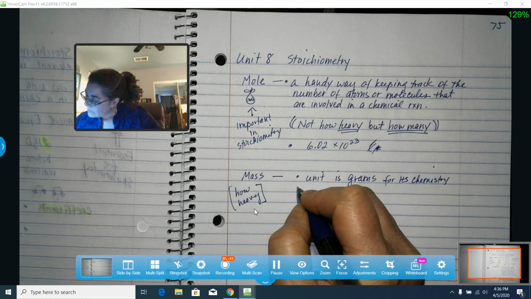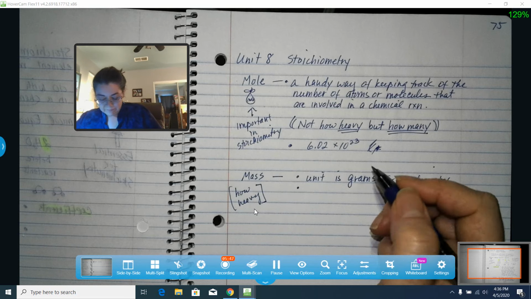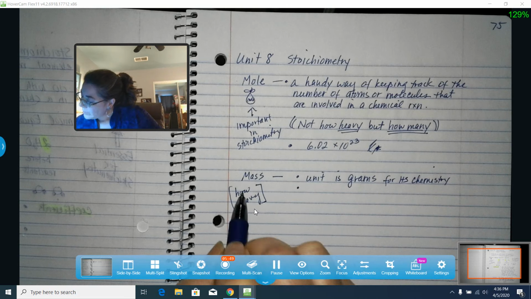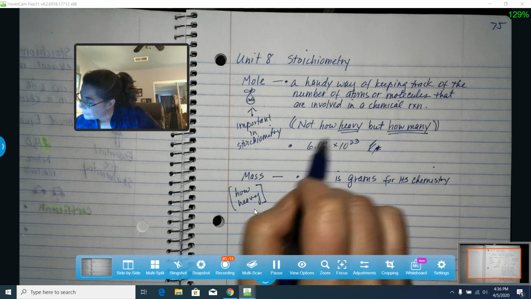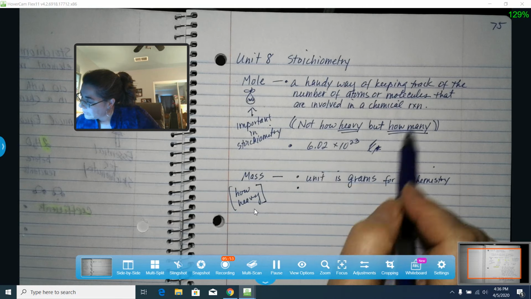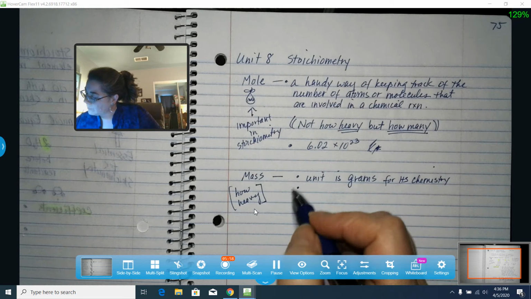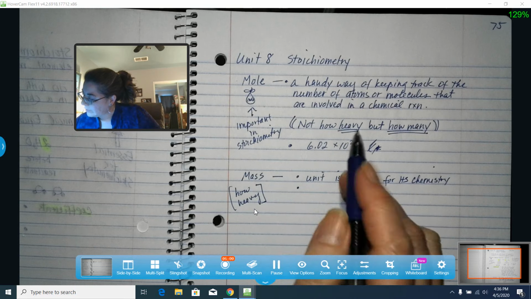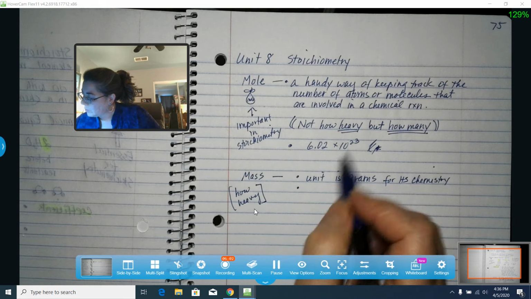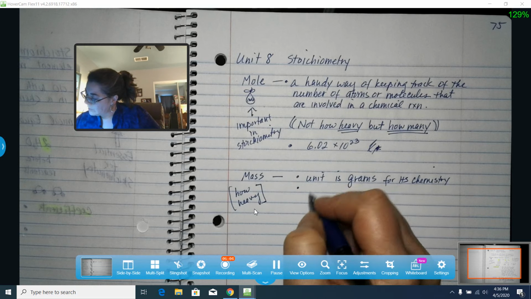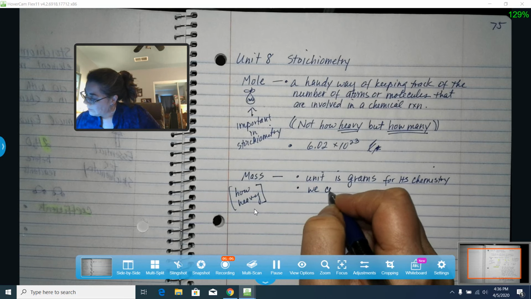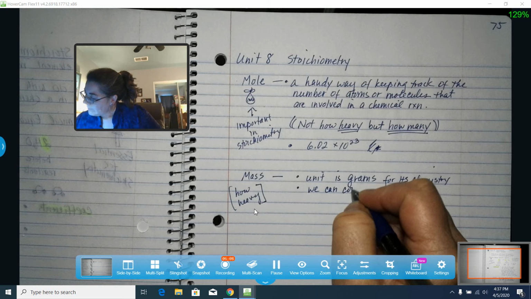Okay, and we need to know math, even though stoichiometry is all about how many of something you have. That's not realistic for real chemistry. We can't go in there and count how many moles something is. So what we do is we can count by weighing.